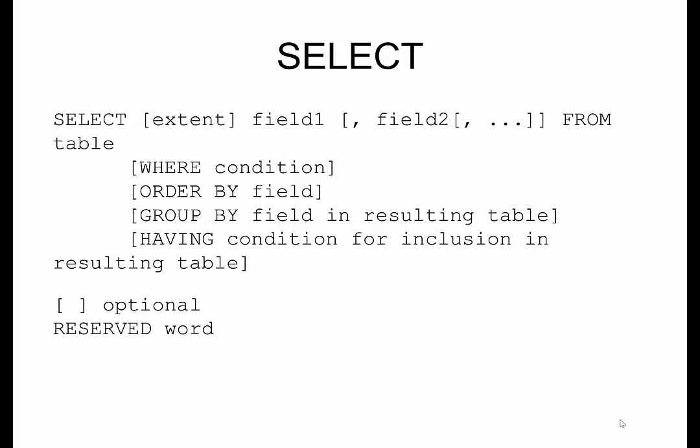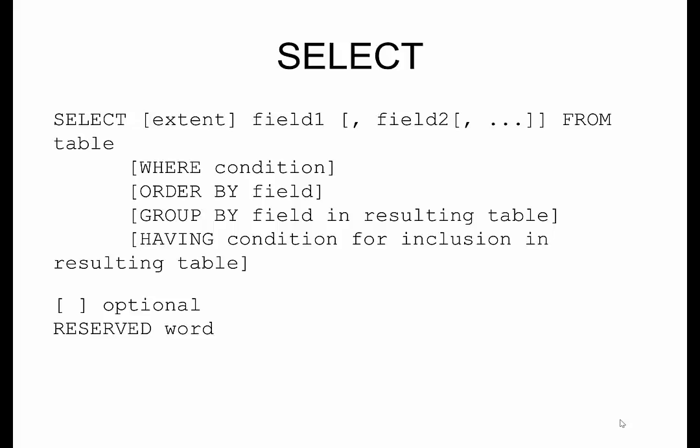The main statement is you put your select, then a list of things to return, which is called the extent, which fields to return, from a list of tables, which tables you're getting the data out of, where condition, which allows you to subset, select data on the basis of some sort of criteria, and we'll go through all these in the further slides.